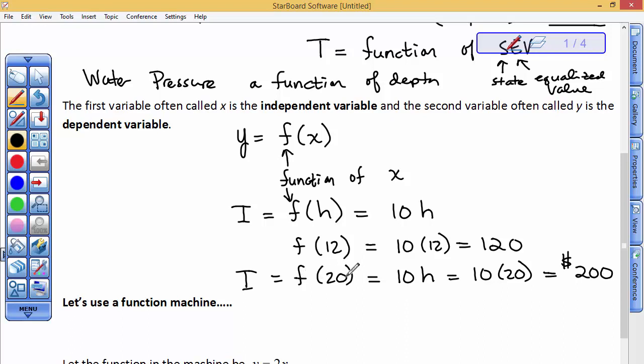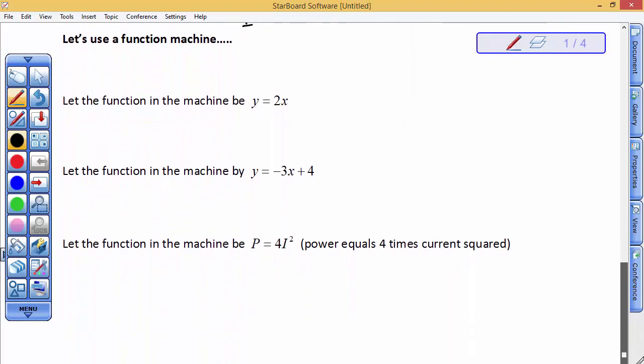Let me do this a little bit more with the illustration of a function machine. Here's what I do sometimes when I illustrate a function machine. I show a kind of pipe drawing, and it looks something like this. This is a function machine, and inside this machine is the formula y equals 2 times x. I'm going to ask you to put a number in for x into this formula.